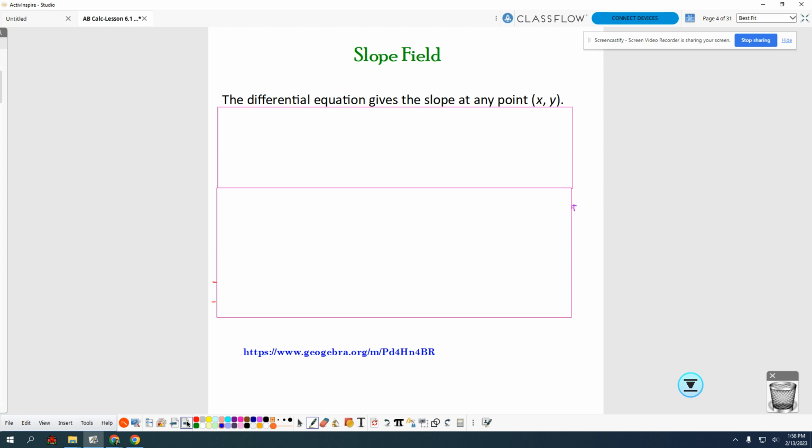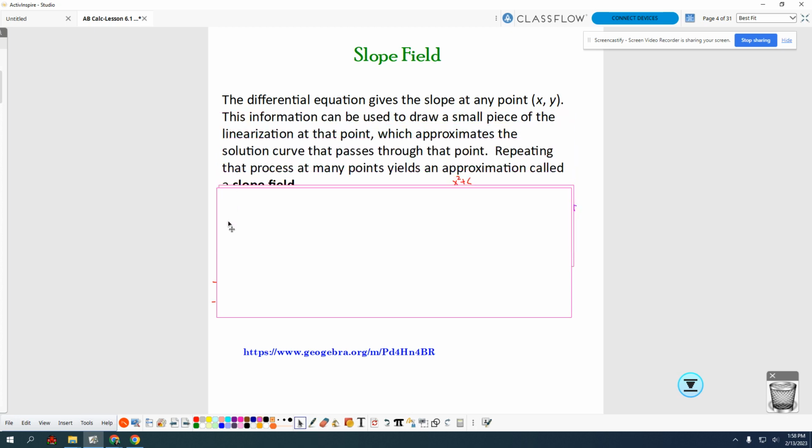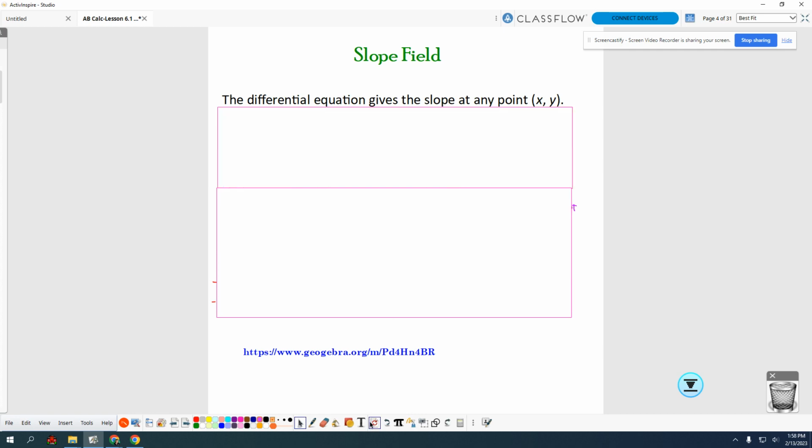So I have a packet for you for some things, but this isn't in there. We're going to do this thing called a slope field, and I think it's probably better if I give you an example.